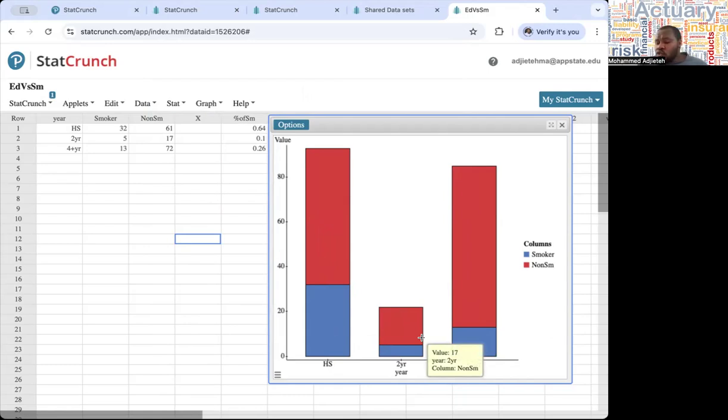The other thing I want to explain is what Simpson's paradox means. So let's do that right away.